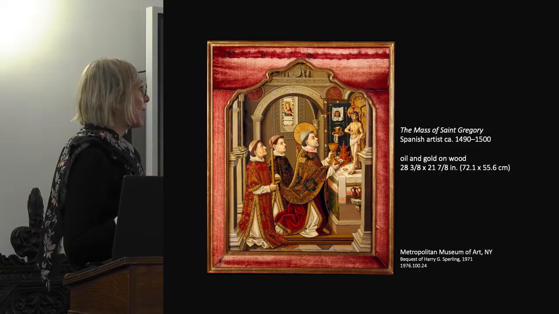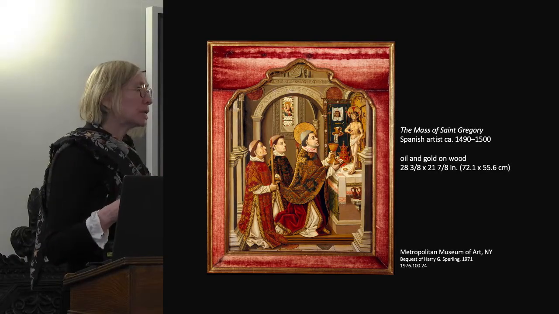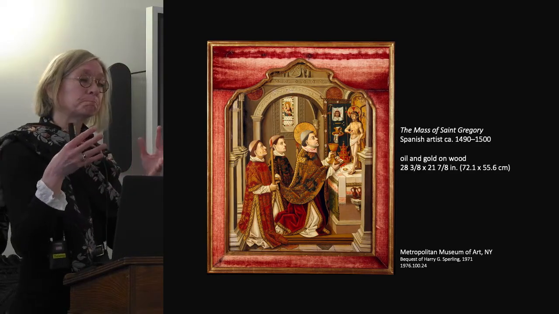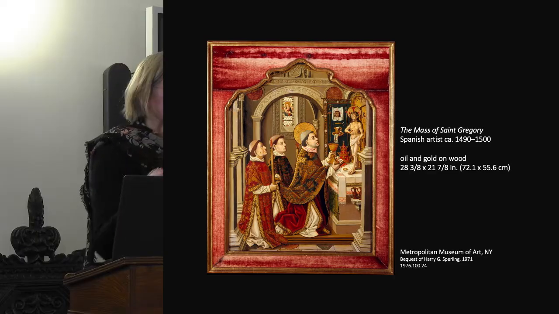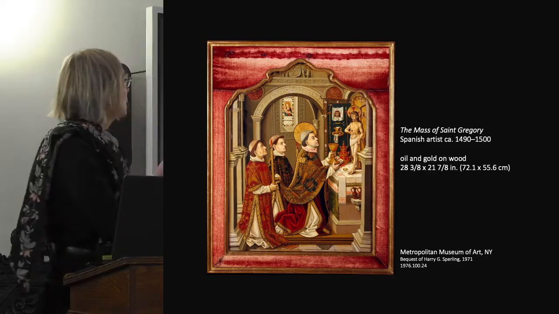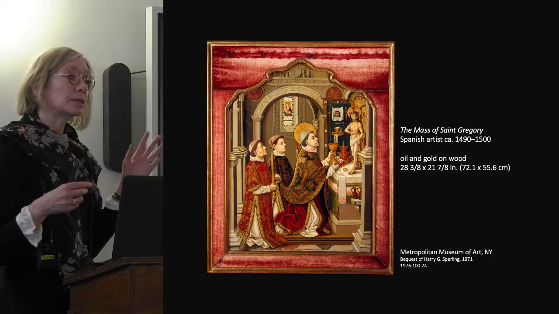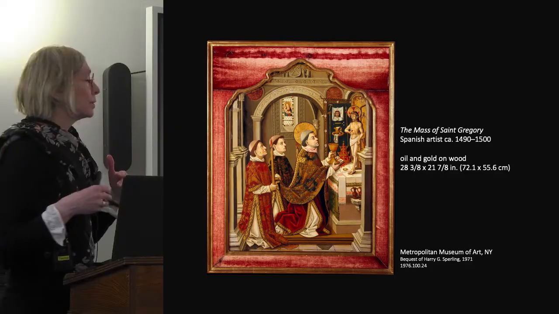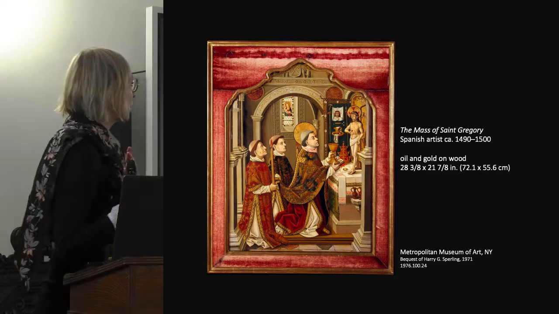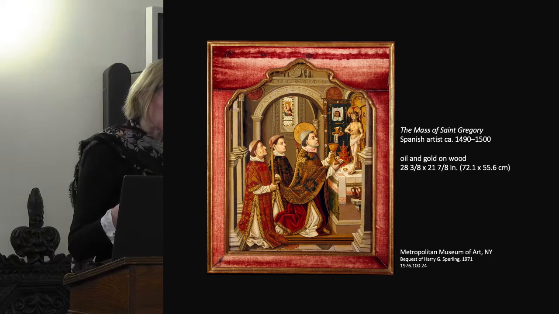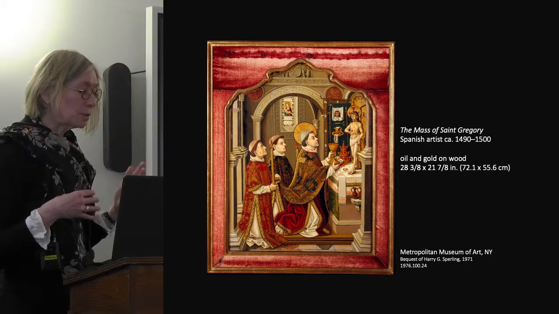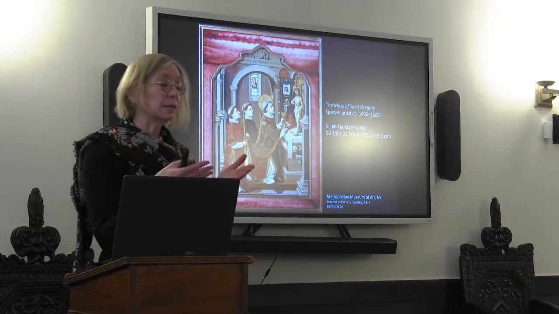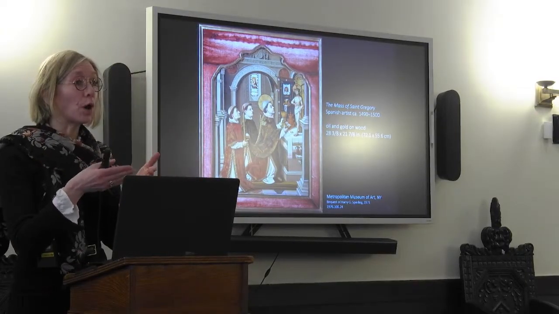But when we're thinking about the Eucharist and why this representation of the Christ as the man of sorrows would be appropriate or have a particular synergy placed on the altar, the legend of the Mass of St. Gregory is particularly important. And so some of you may remember that, so the story goes, Gregory was celebrating Mass, and a woman, there are different versions of the legend, but a woman came to receive the bread, and the same woman had baked the bread for the purpose of the Eucharist.